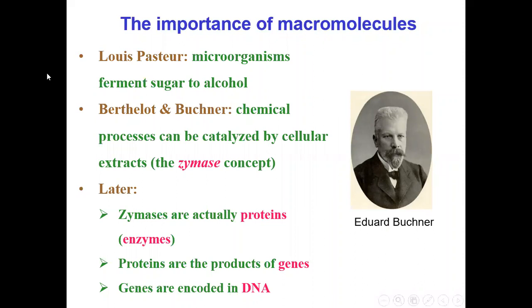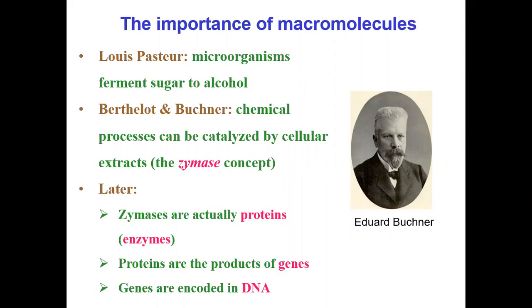So the first type of macromolecules to be discovered were proteins, and it happened in the 19th century by several studies that aimed at demonstrating the chemical basis of life. Or in other words, that well-known processes in living organisms are actually chemical reactions.